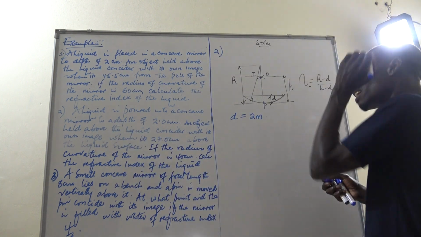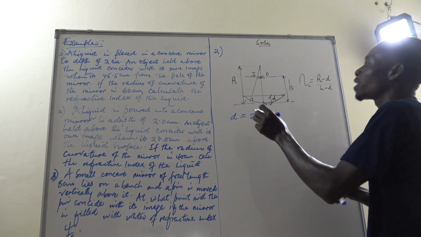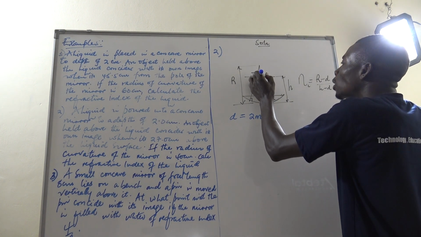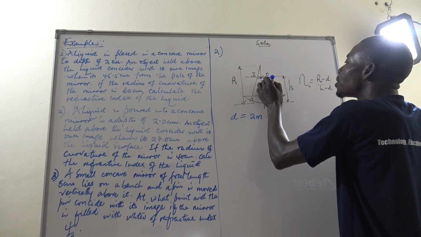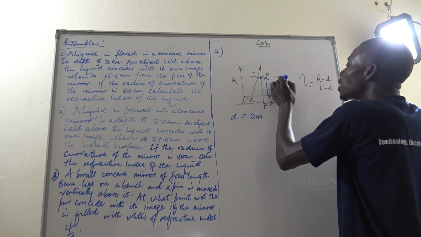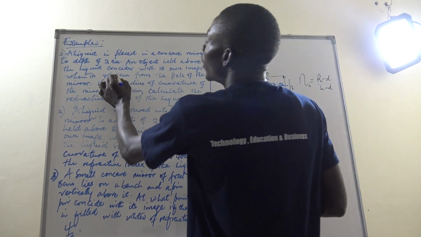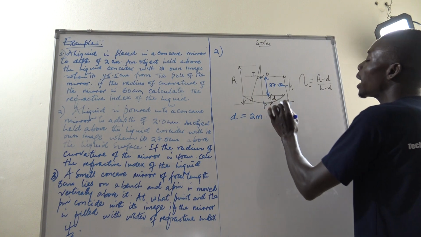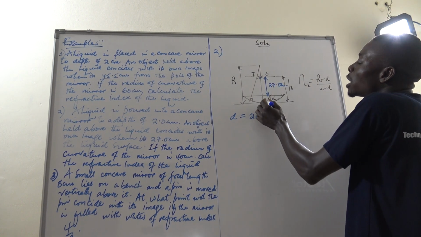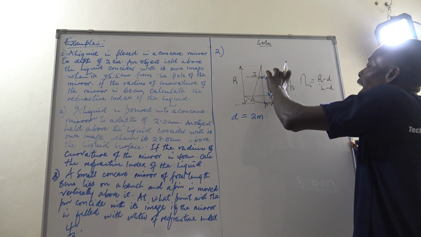So this 27 is above the liquid surface. What does it mean? They are talking about 27 being this, different from this one, where they said 45 from the pole of the mirror. From the pole of the mirror, they measured from this point to this point, and that was exactly our H.